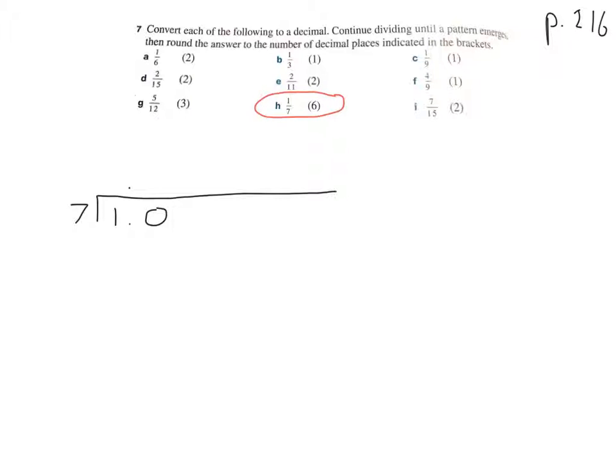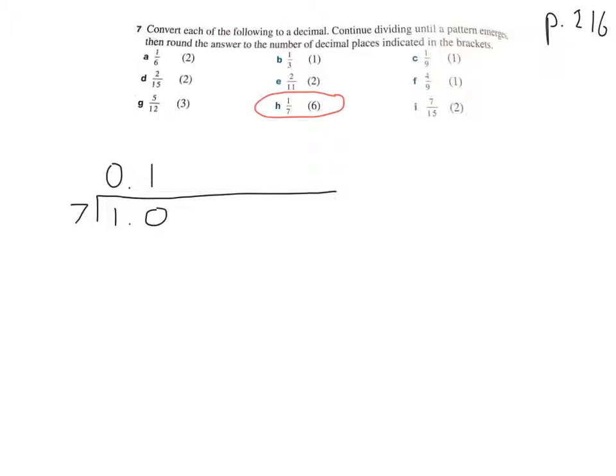So we ask the question, how many times does 7 go into 1? It doesn't. We put a 0 there. Now we treat this as the number 10, not 1.0. So how many times does 7 go into the number 10? And we know that 7 only goes in once.